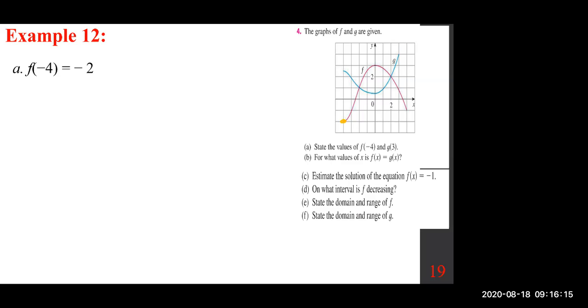And then g of 3 is 4. As long as we have those two points, I can't imagine we have a hard time with the rest of it. It's just about reading.